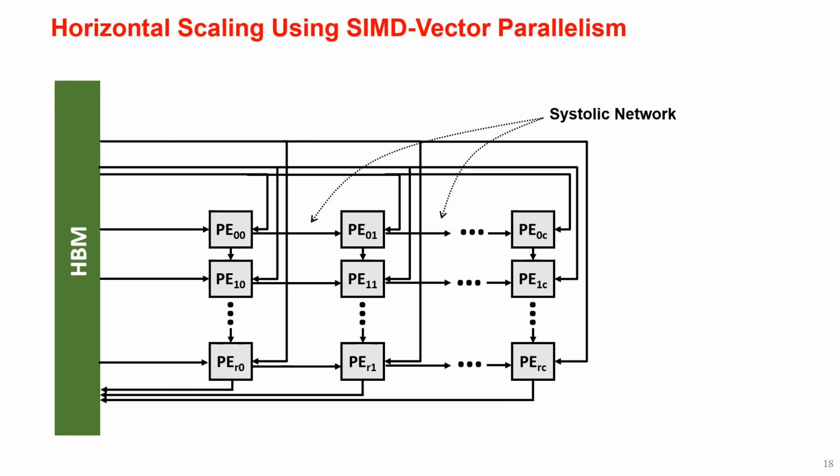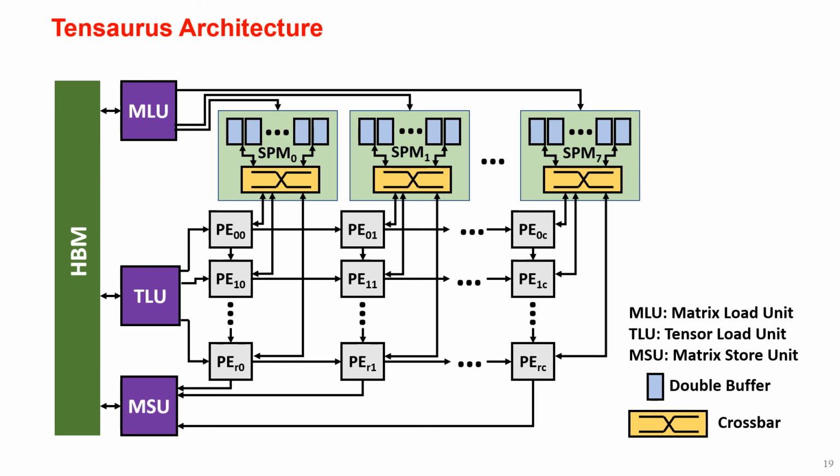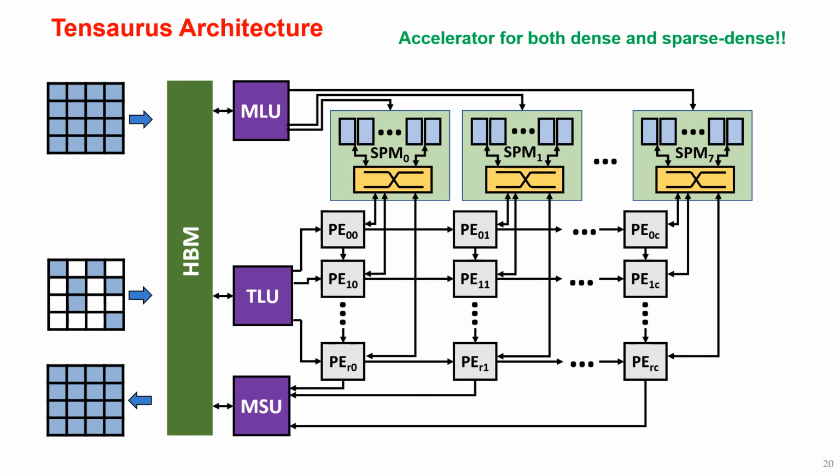Thus, we scale the P's in a horizontal direction. We further use the systolic network to communicate the sparse data across different P's. We further replace all the connections from P to the memory with the sparse and dense tensor and matrix load and store units and insert scratchpad memories for caching the dense data. Thus, we can now push the sparse data through our dense systolic array efficiently.